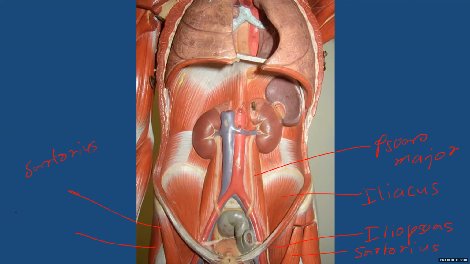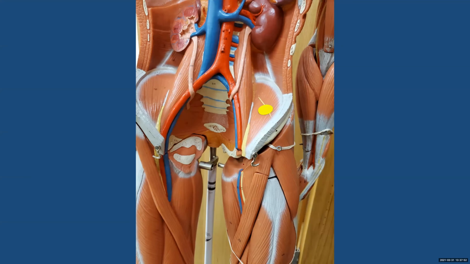And you can see the tensor fasciae latae. Same thing, tensor fasciae latae, Sartorius.